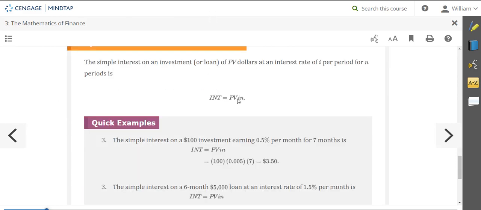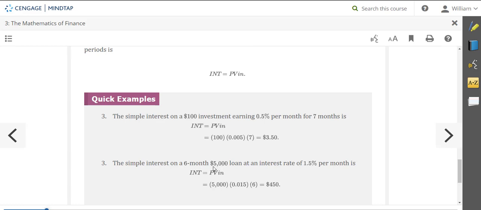So instead of PVRT, we have PVIN. So for example, simple interest on $100, PV is 100, and we're getting 0.5% per month for 7 months, would be 100 times 0.5% times 7 gives us that.